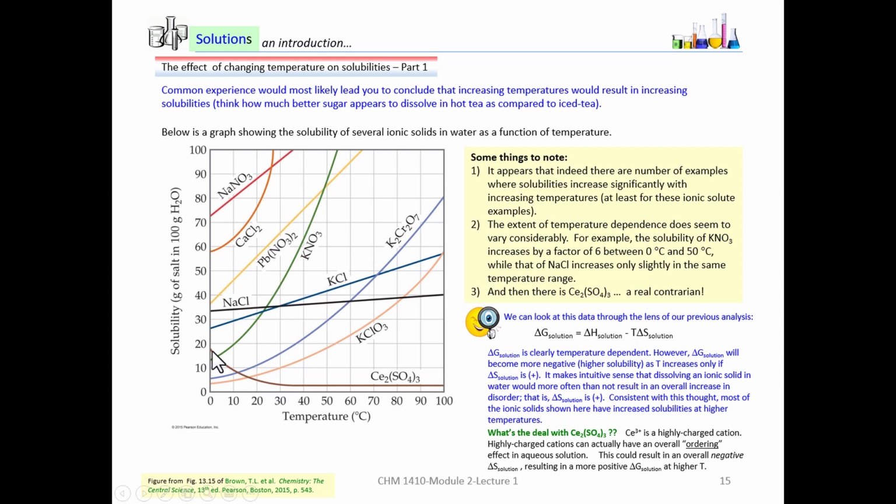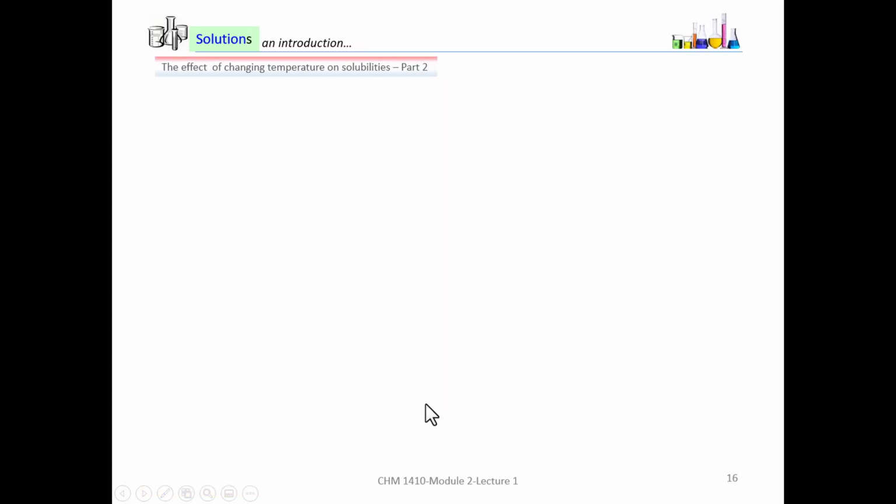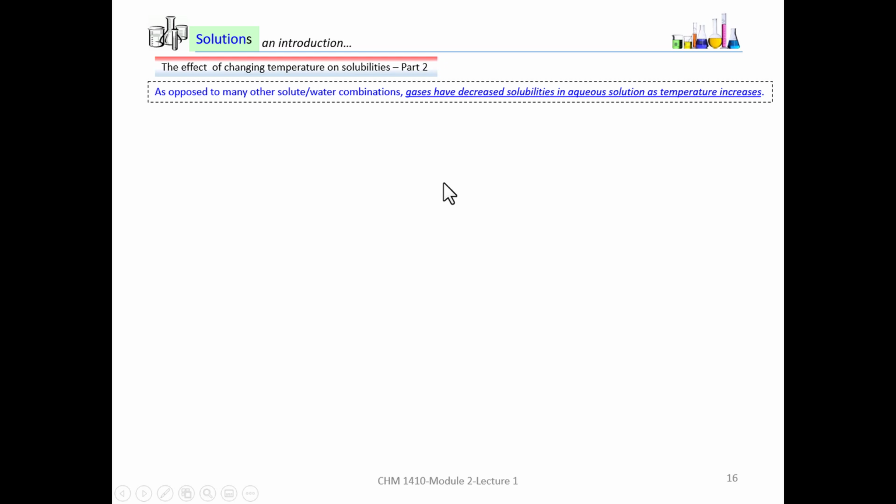So the solubility does decrease with increasing temperature, but then it kind of levels off and doesn't change very much for most of the way between about 30 and 100 degrees C. Now, as opposed to many other solute-water combinations, gases, when they're acting as the solutes, in other words, you're trying to get gases to dissolve in liquids, we're going to talk specifically about water. Gases have decreased solubilities in aqueous solution as temperatures increase.